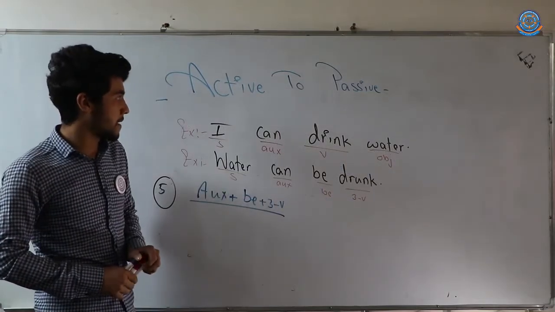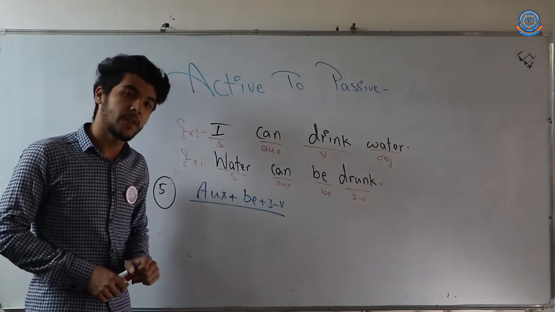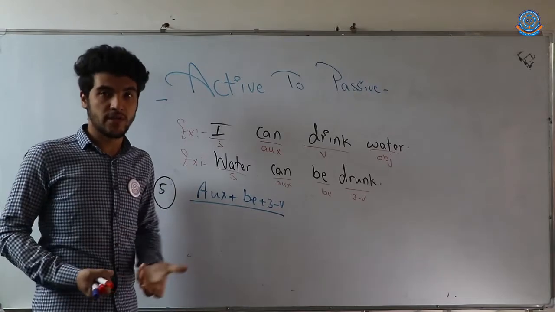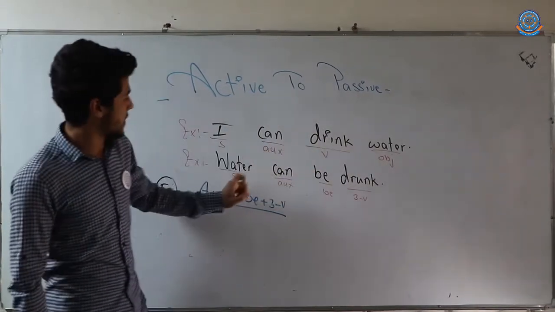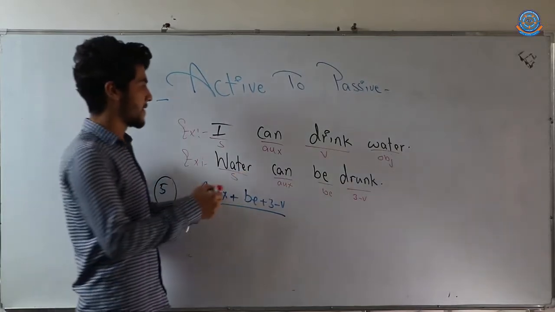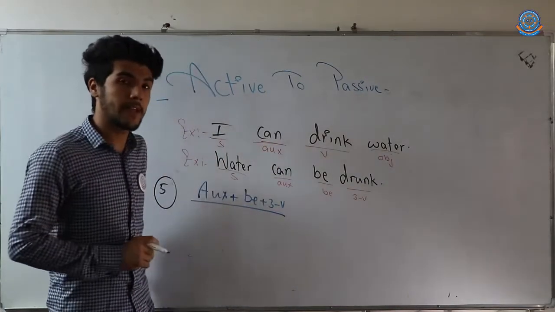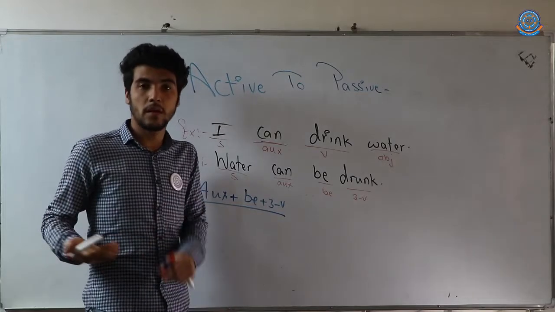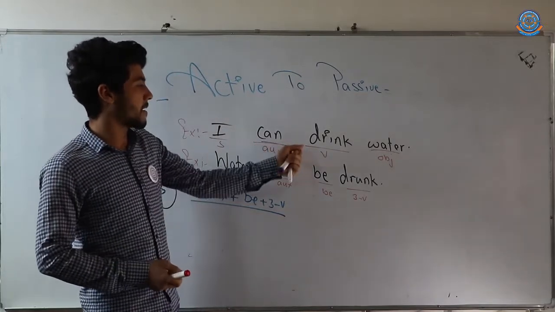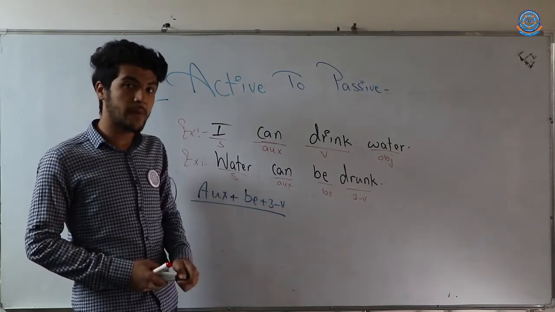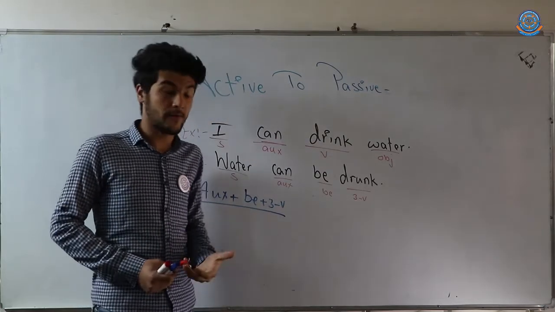And as an important rule of active and passive, when you have an auxiliary verb in your sentence, how can we change it to a passive sentence? I can drink water. If you notice, we have an auxiliary verb here, like can. We have a lot of auxiliary verbs, like can, could, may, would, will, shall, or any other one. If we have them in our sentence, how can we change them to passive? Usually they are not included in the rules that I mentioned before.